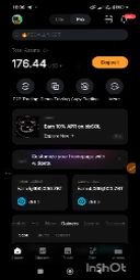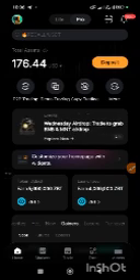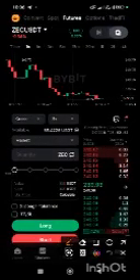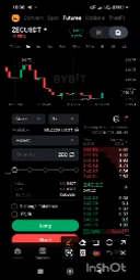This is my Bybit account. You can make use of your Binance, you can make use of your MEXC, Gate.io, depending on the centralized exchange you like using. So I'm clicking on my trade now. I just clicked on my trade interface. When you click on your trade interface, you need to observe some things.